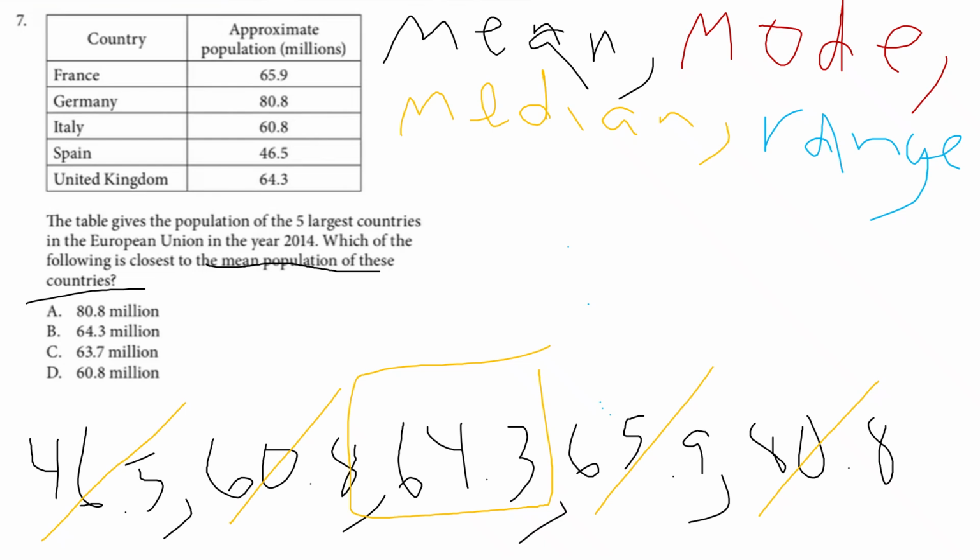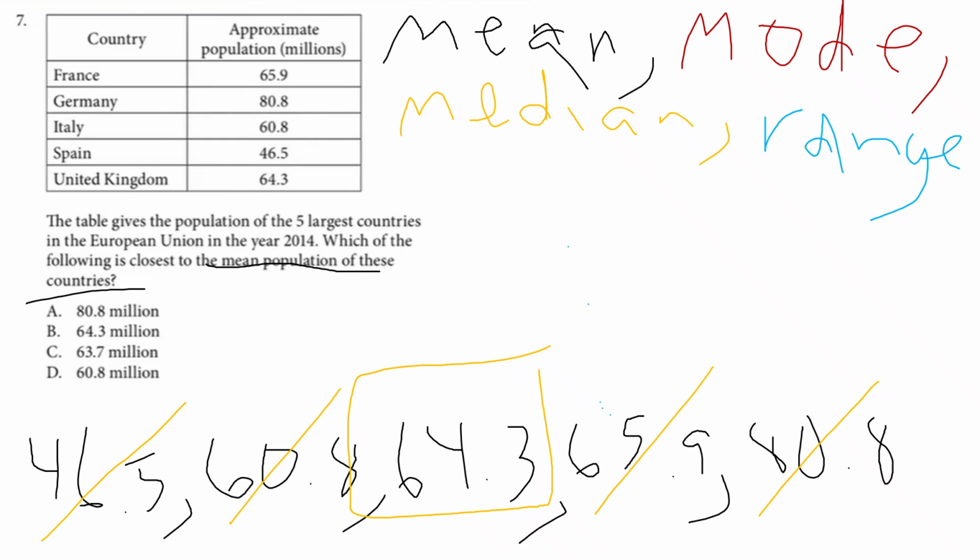The reason why you would use a median is if there's an outlier. So meaning that if there's a number that's way out of place as far as the numbers. So if we have 46.5, next number 60.3, 64.3, 65.9, 80.8.